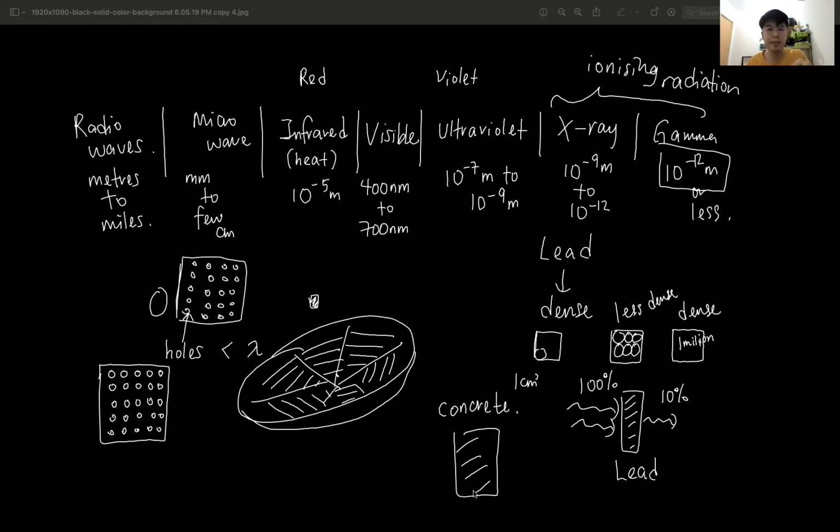The nuclear reactor is placed inside this concrete shield, this housing. How thick is the concrete? A few feet. It can be up to 5 feet. Five feet of concrete is very thick concrete, and that can reduce the penetration of the gamma ray.